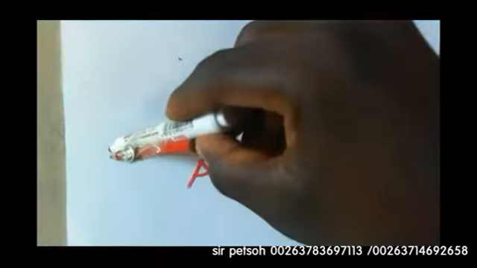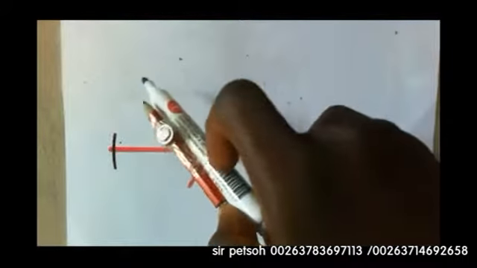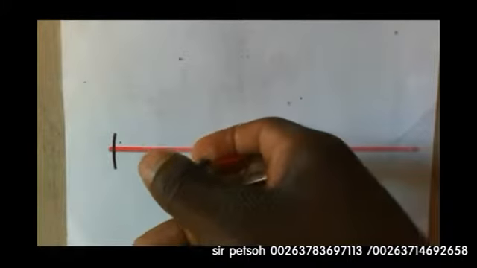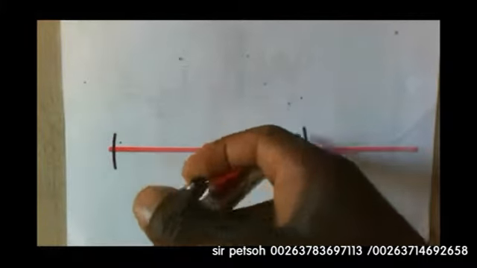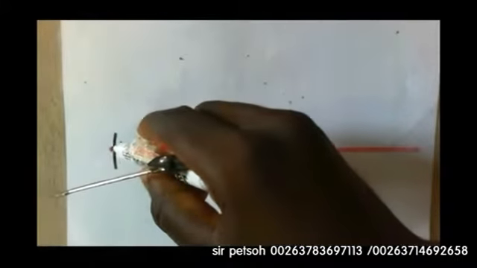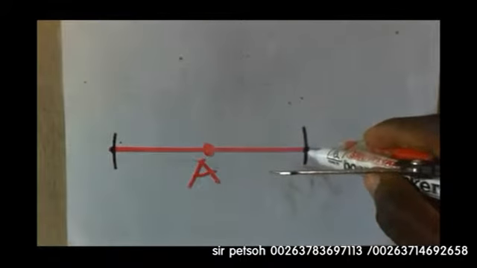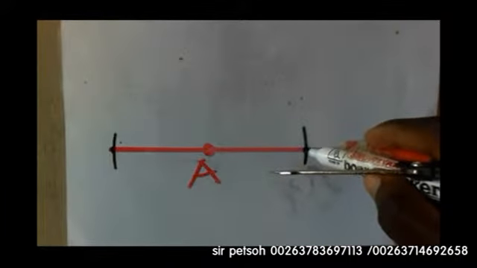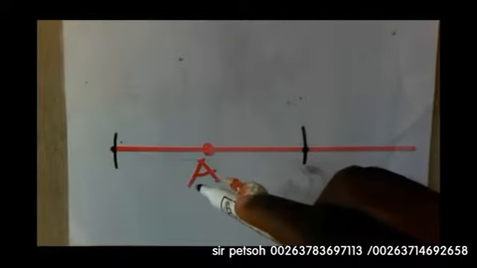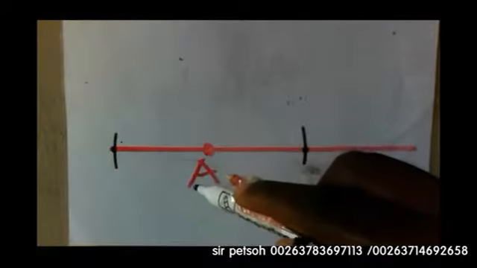Make an arc to the left side of that point and an arc to the right side of that point. This line, from the arc on the left side to the arc on the right side, is a line such that the point A is the center.